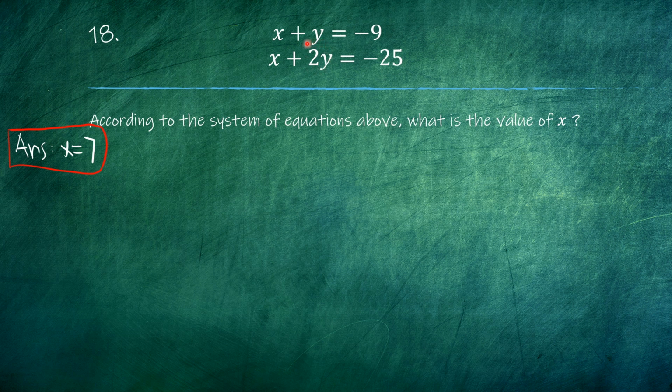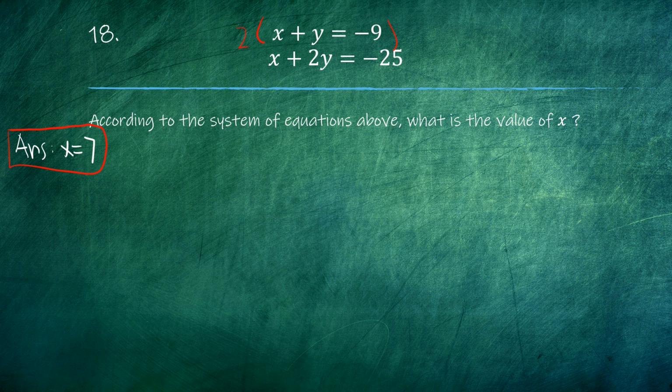The first step is we want to make sure the coefficient in front of y is the same. So how do I make it 2 on the first equation so that the coefficient is the same? One thing you can do is multiply the top equation by 2.